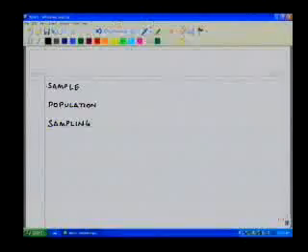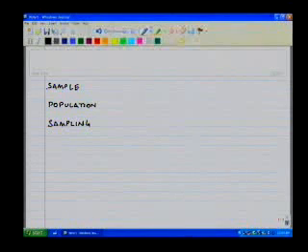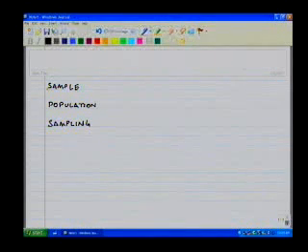The first of these is the sample distribution. The second is the population distribution. And the third is the sampling distribution.